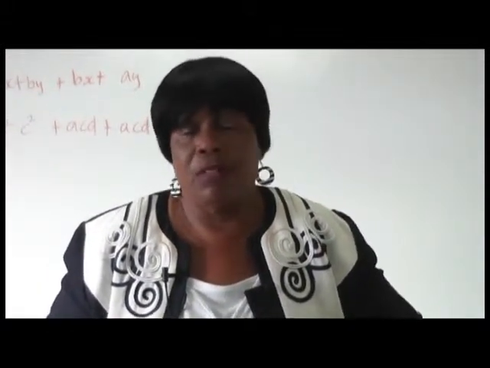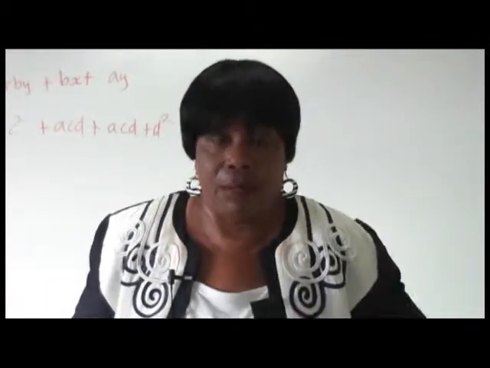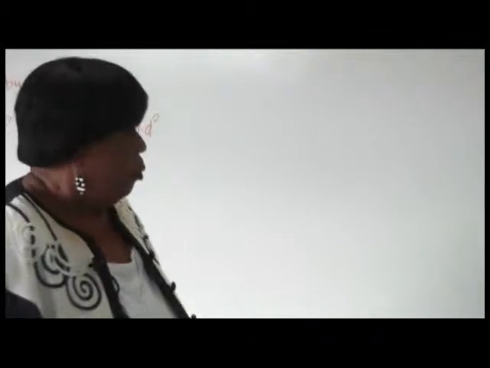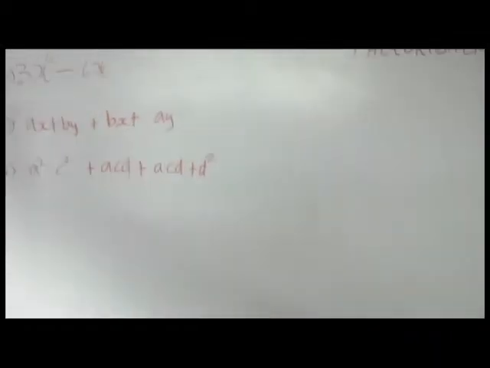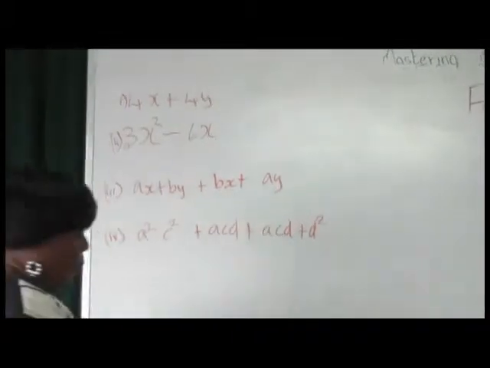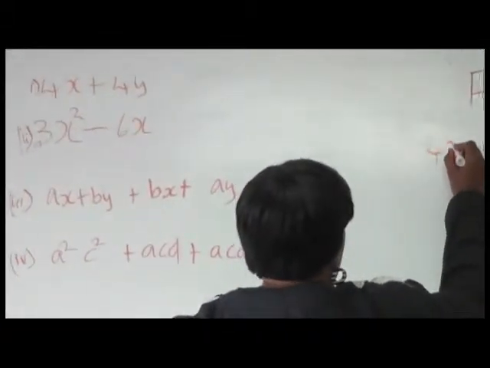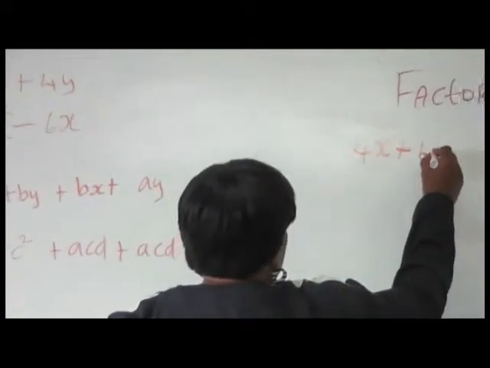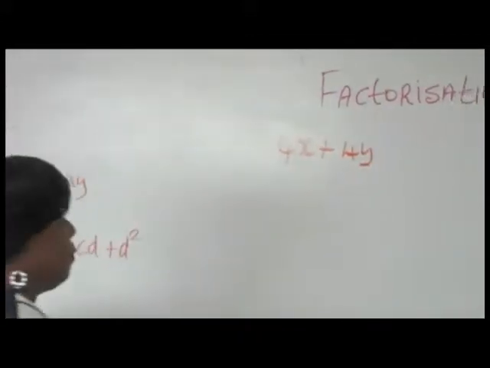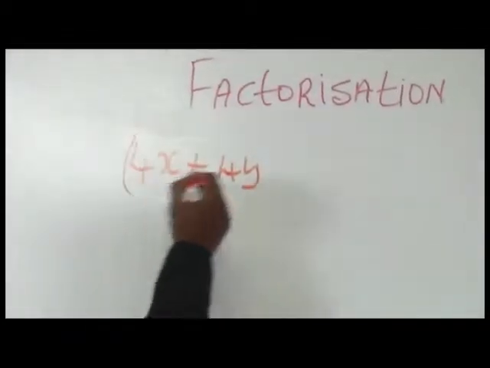Because we know most of our examinations are passed because of the strategy that we're going to use. So this is not new. When we're asked to factorize 4x plus 4y, we know right away we're putting up our brackets.